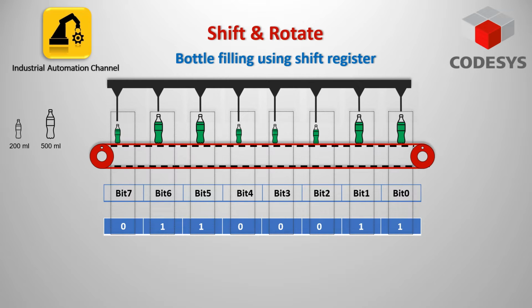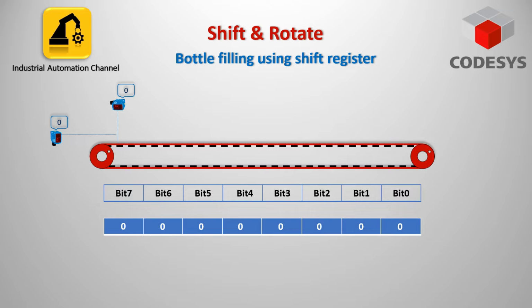Imagine these 8 filling places as data bits of a shift register. When the size of the bottle is 500 milliliter, we consider the data bit as 1, and 200 milliliter as 0. Now we can use a height sensor to detect which bottle is 200 milliliter and which one is 500. First we have a big bottle.